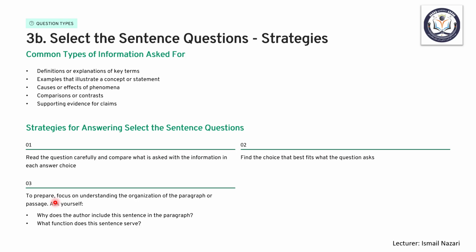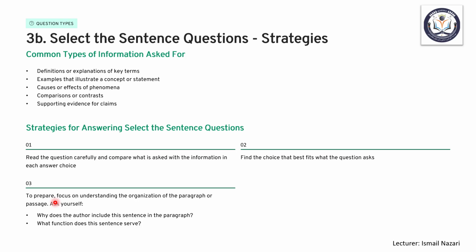The third thing, in order to prepare, is to focus on understanding the organization of the paragraph or the passage. Try to understand how the passage is structured, because when you understand the structure, you will clearly understand where the main point is stated and where the minor point is stated.